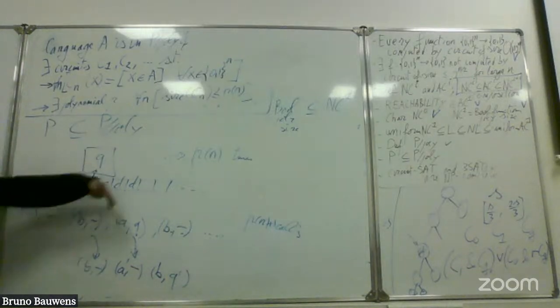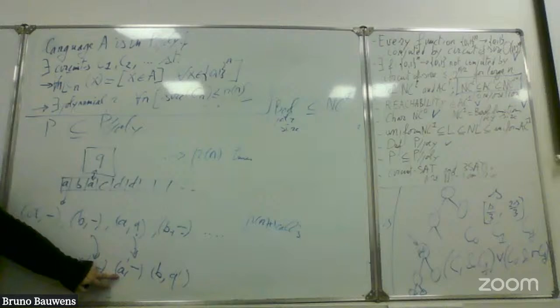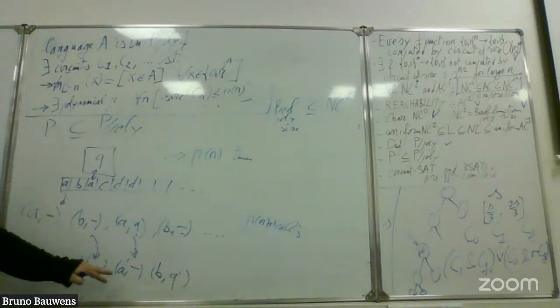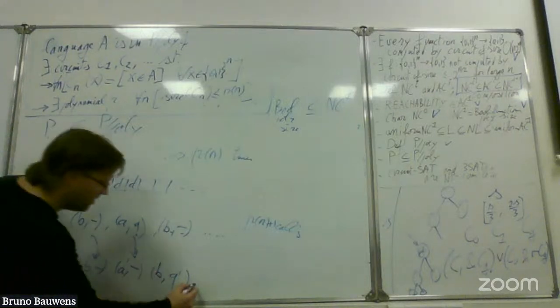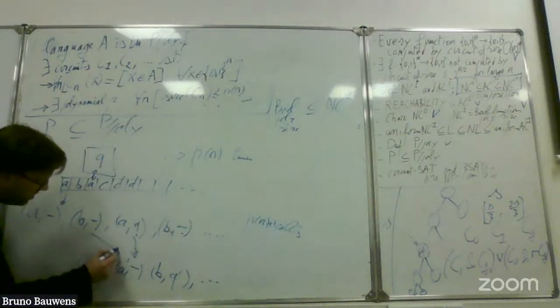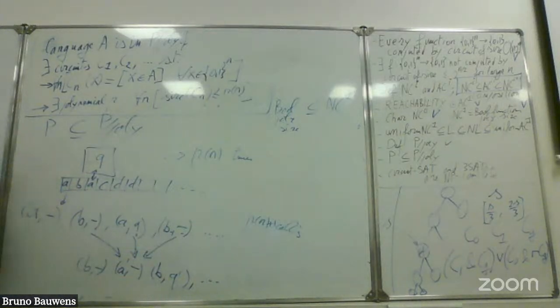So the machine reads A, writes A prime, and goes to the right. So what we see is that to write down each cell of the next string, each cell depends on at most 3 cells from the previous layer.